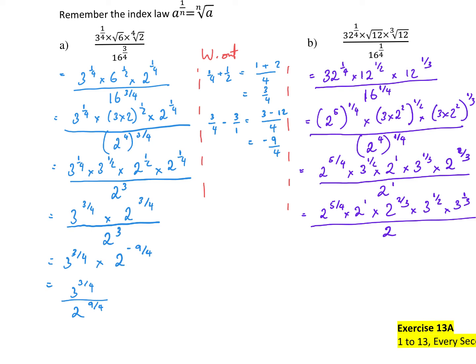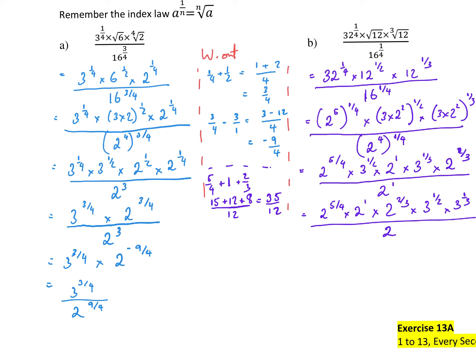Let's come over to our working out column here, and I'm going to do 5 on 4 plus 1 plus 2 on 3. Common denominator there would be 12. So times by 3 would be 15 plus 12, and times by 4 is 8. 27 and 8 is 35 on 12. Let's just double check that.